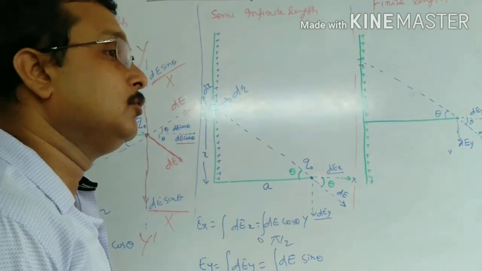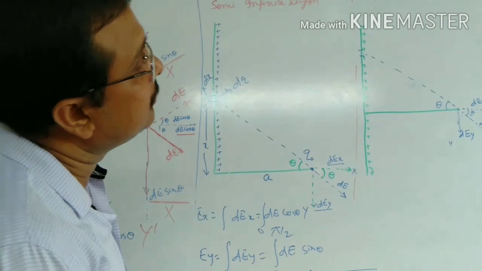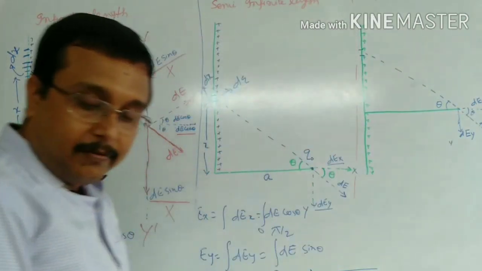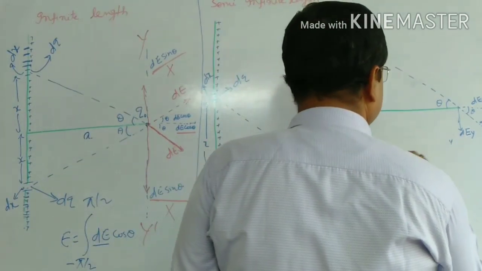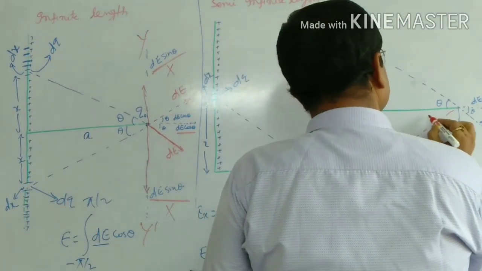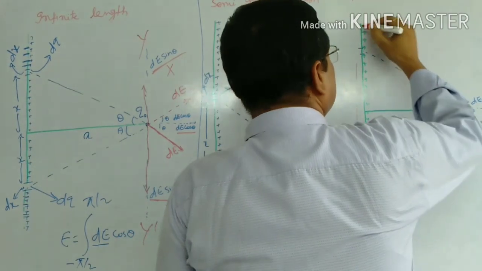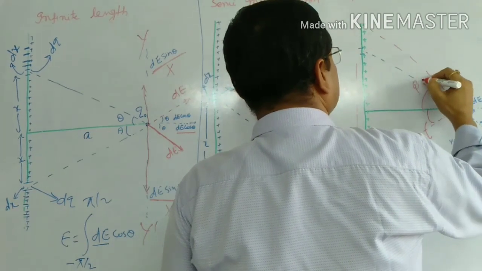So what we have to do is apply the concept in some different way. What will be the limit? Because this is a finite length, in the question you will definitely get this angle. Suppose this angle is alpha, and this angle is beta.